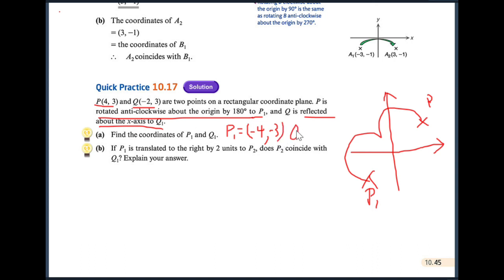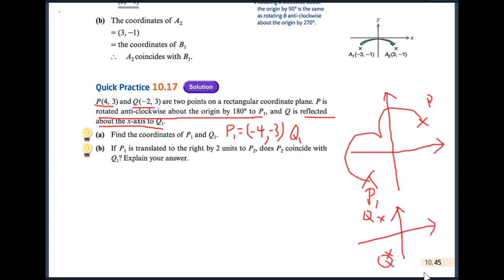Next is Q1. You can draw the picture once more. Your Q, -2, 3, will be here. This is your Q. And then you are trying to reflect about the x-axis, the horizontal axis, to Q1. So your Q1 should be here.